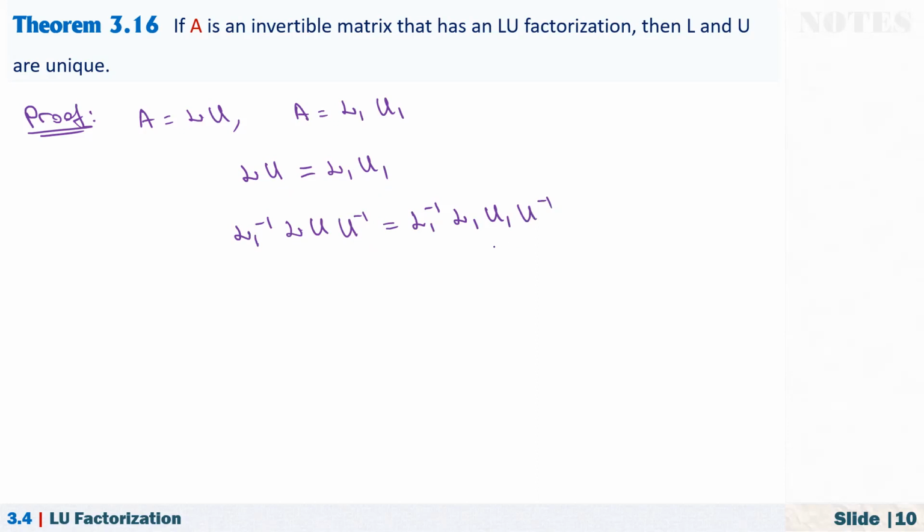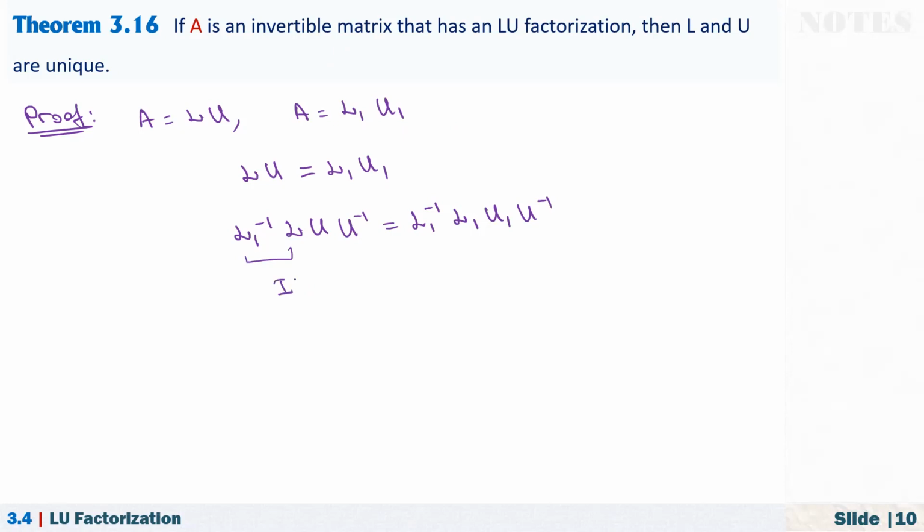Of course, L1 is invertible because lower triangular matrices are invertible, because A is invertible and it reduces to echelon form, the identity matrix I. So what is L1 inverse L?